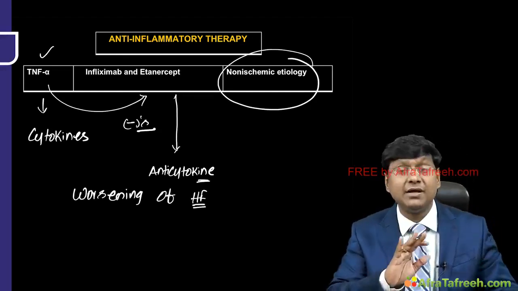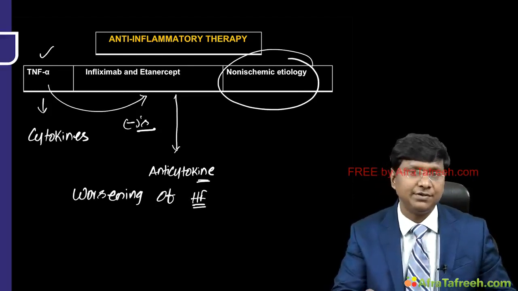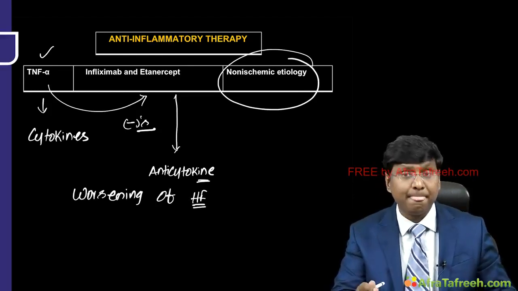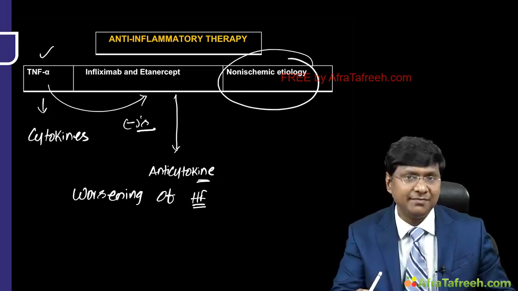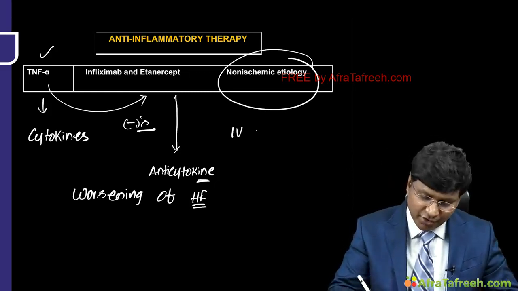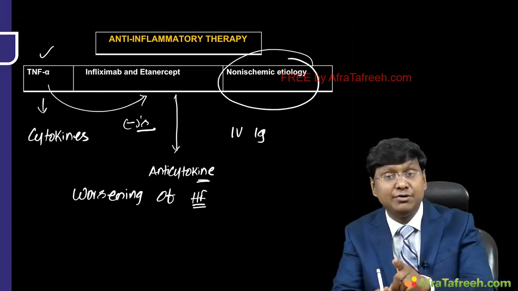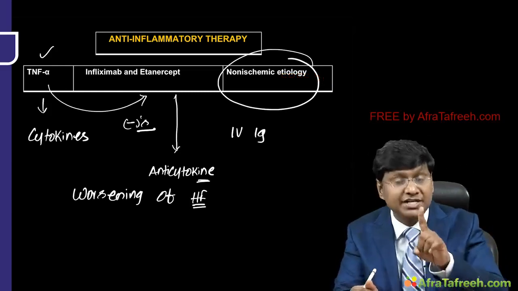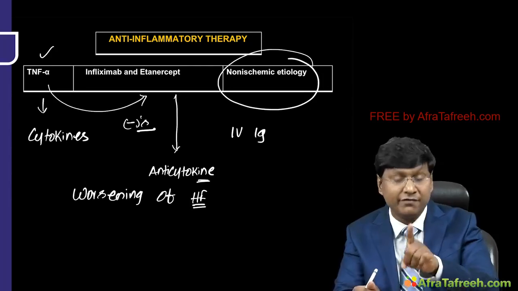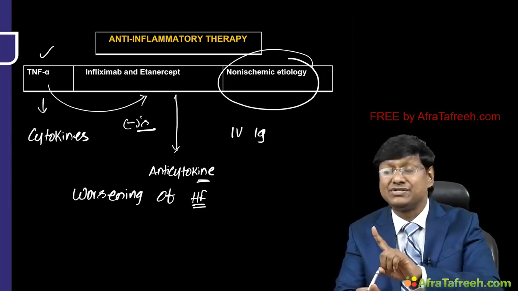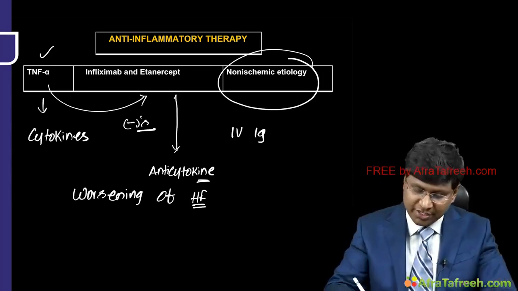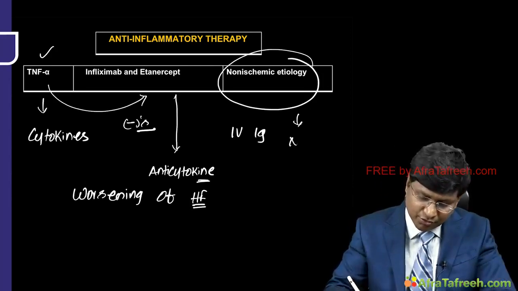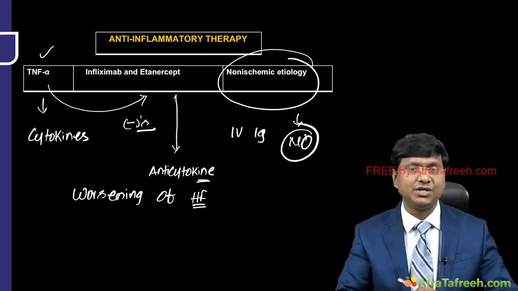So at least can they be given in non-ischemic etiology? Remember, the usage of intravenous immunoglobulin therapy in non-ischemic etiology of heart failure has also not been shown to result in a beneficial outcome. So even in non-ischemic etiology there is no beneficial outcome.